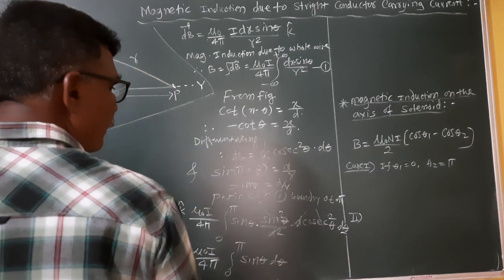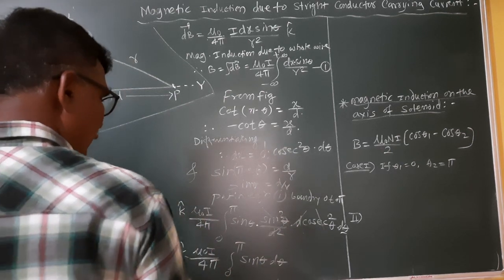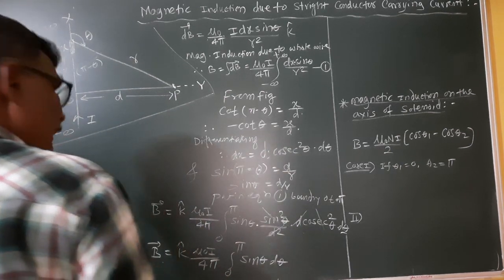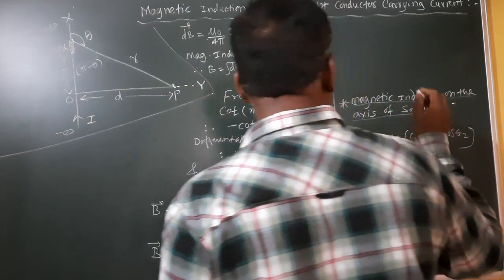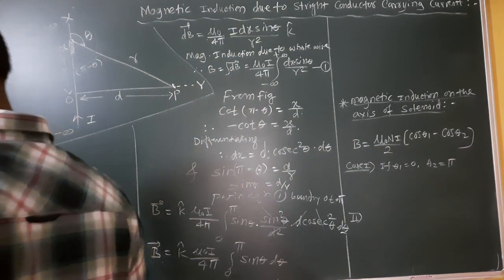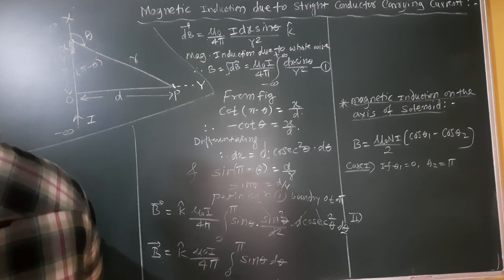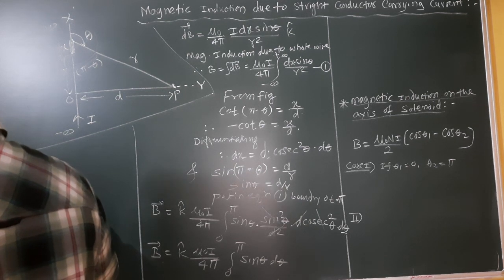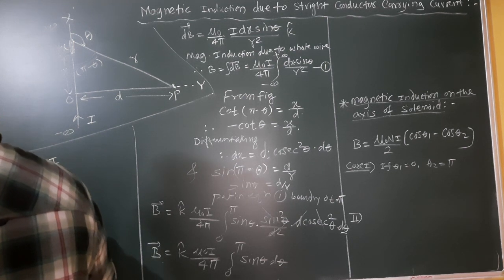Here we have to multiply the factor, and finally this can be written as B is equal to k cap mu 0 I upon 4 pi d.